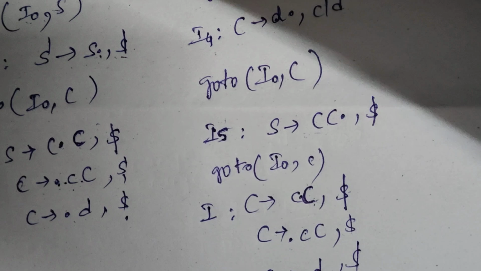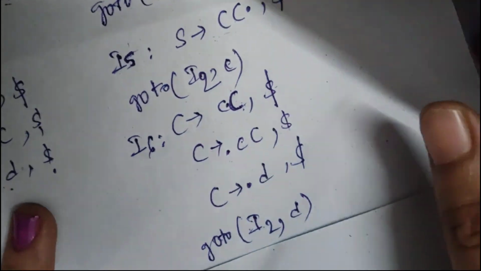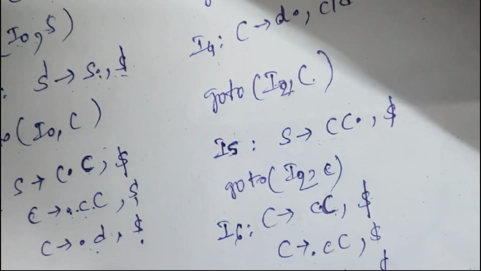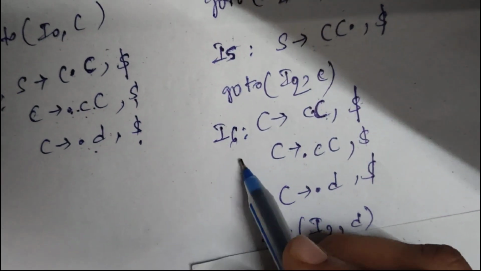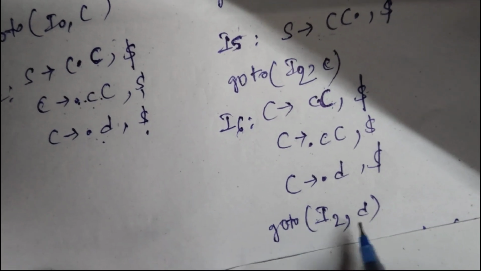C produces small c C, C produces D. Before that we need to write the dot. Okay, first of dollar is dollar only, you need to write dollar again. As we did not get this prediction anywhere else in the above context, we can name it as a new item, I6.